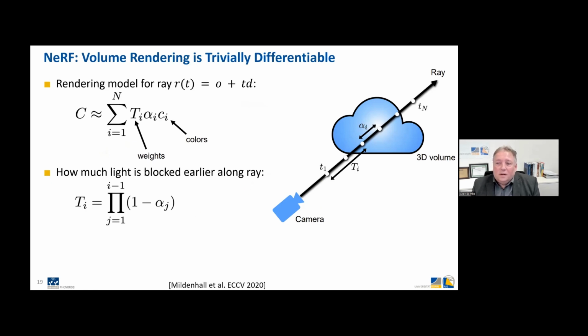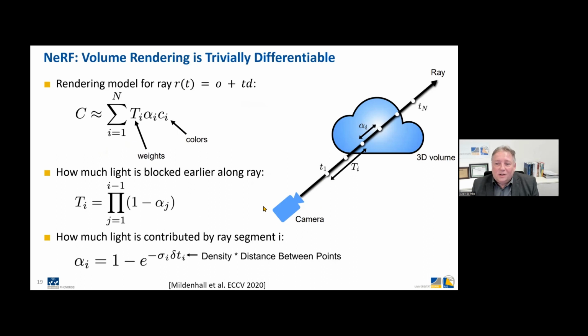If we query a pixel that is behind a surface, then actually we don't know it, and it should not contribute much to the final color. And how much light is contributed by a small segment along that ray is based on the density. So where we have a high density, we believe the produced color.